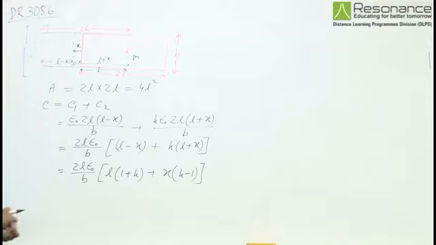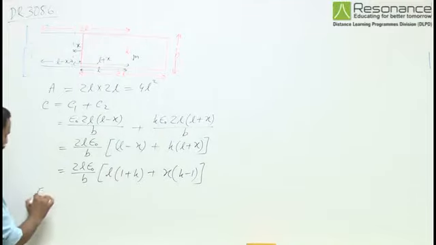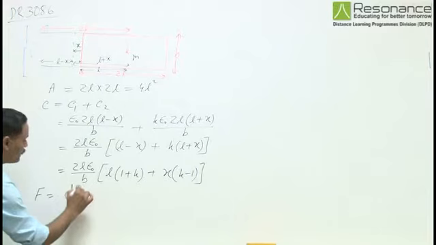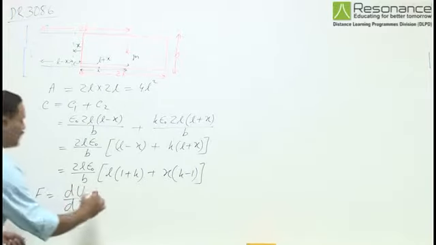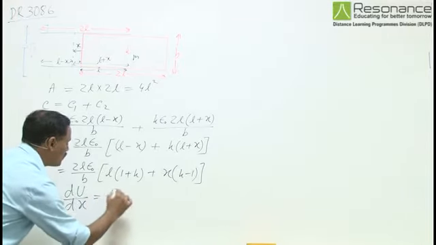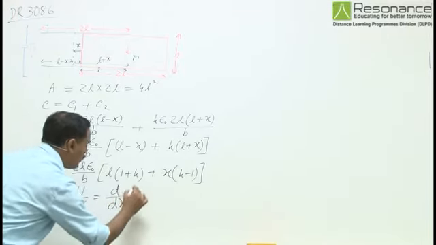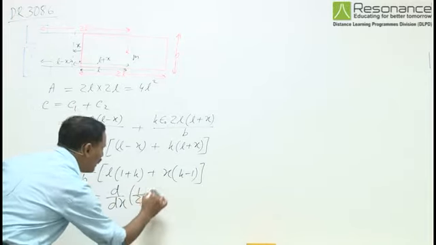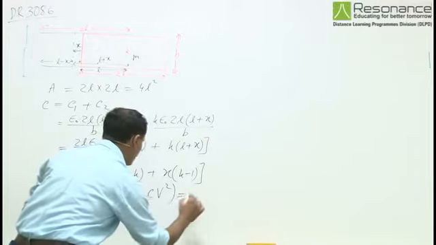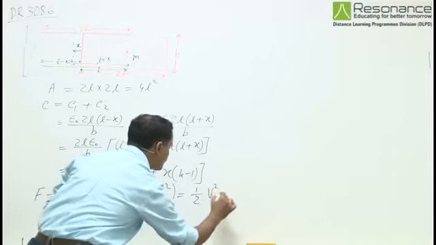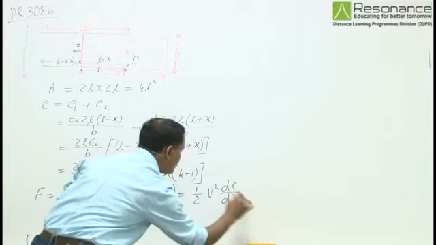Now we need to calculate the force acting on this dielectric due to the plates. The magnitude of the force is dU by dx, so first we need to write the energy stored, half CV square. As V is constant across the plate, it is half V square dC by dx.